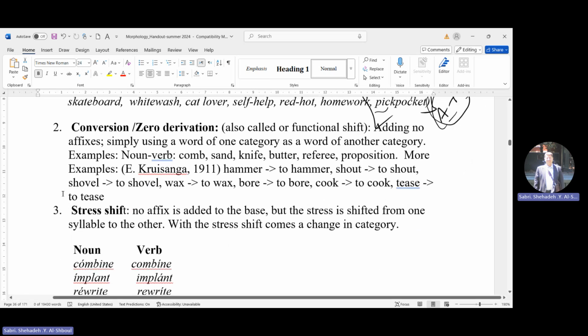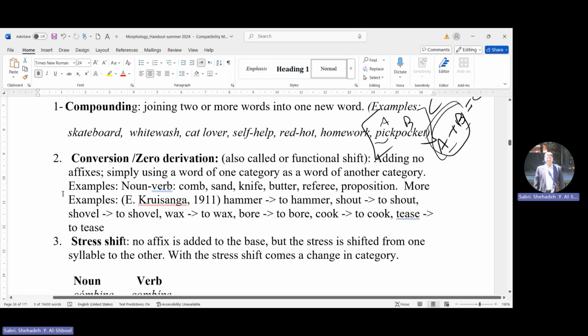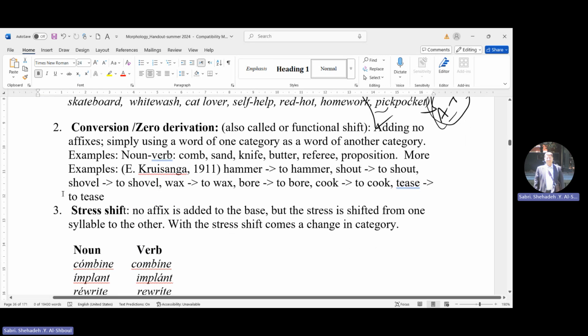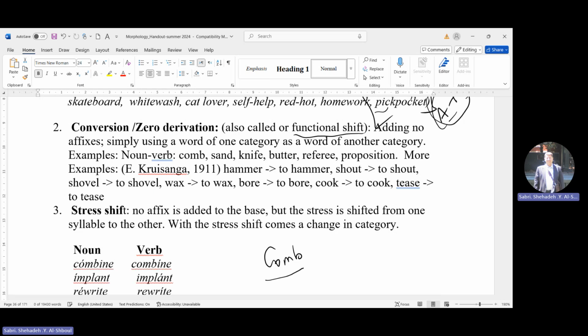Now let's move to another type of these operations, which is called conversion or zero derivation, which is also called a functional shift. Here in this process, actually, no affixes are added. The same word is used to function in another category, like for example the noun comb, which is used now as a verb, to comb.